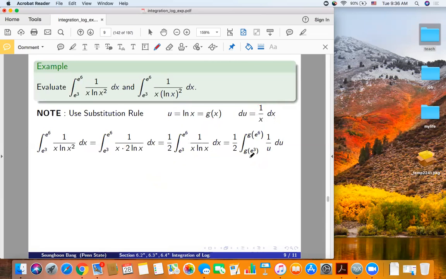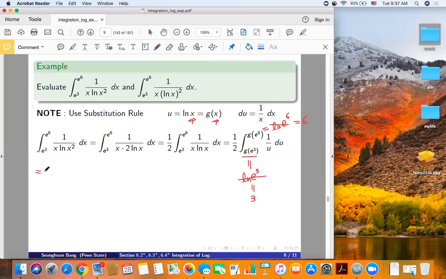Next, simplify. What is g of e cube? This is the same as plugging e cube into ln of x. What is ln of e cube? Do you know its simplified form? You can use the cancellation equation: ln of e cube cancels to 3, and ln of e to the 6 is just 6.